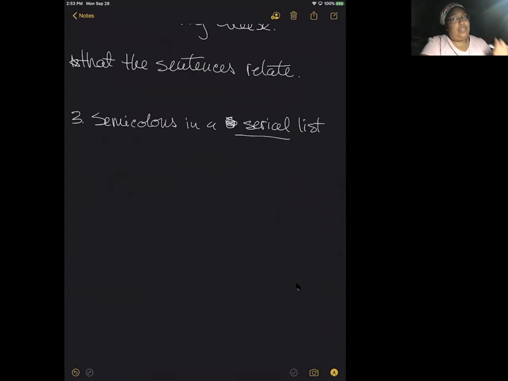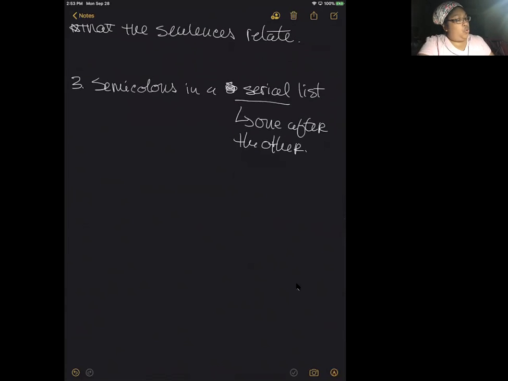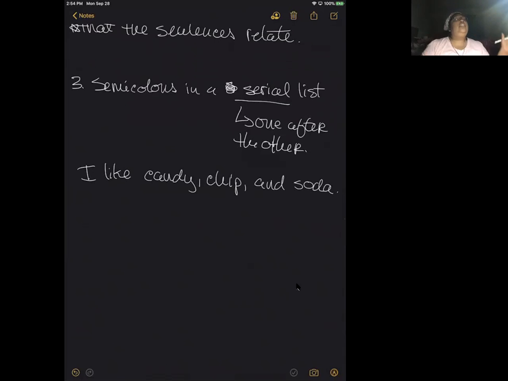Serial means succession, one after the other. Okay, so let's see. So say you have, I like candy, chips, and soda. So looking at this, it's a good sentence.